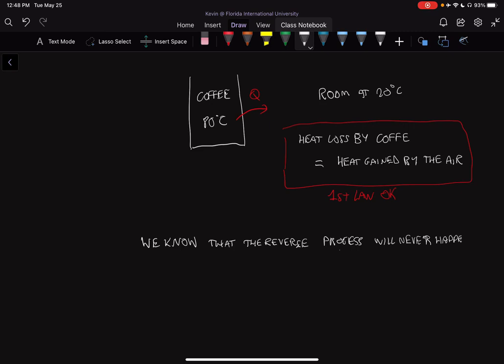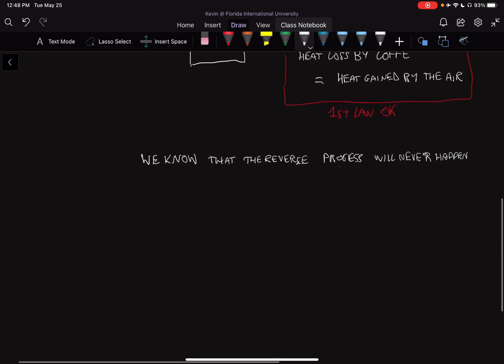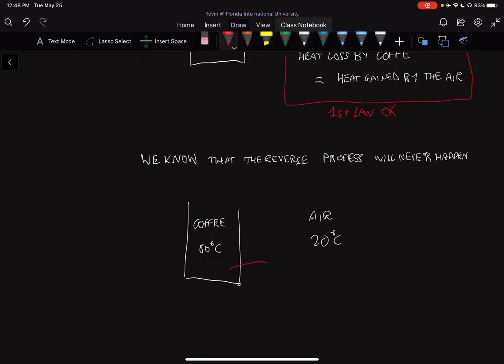So would you ever see a system where we have our coffee cup and air at 20 degrees, coffee at 80 degrees, and the heat from the air goes into the coffee and makes the coffee even warmer? There's still heat in the air.